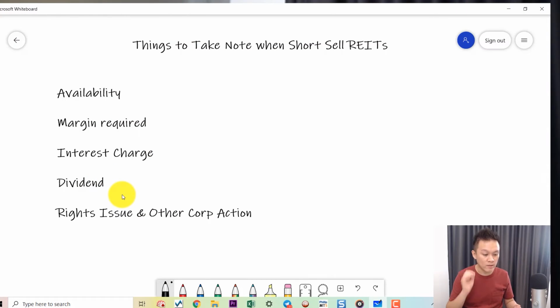The next thing is the rights issue. Do take note that when you are shorting, most platforms do not cater for rights issues. So if the company is issuing rights, for example you want to short SIA, and everybody knows that SIA is coming out with a rights issue, then you have to be prepared to close off the position earlier than you expect.